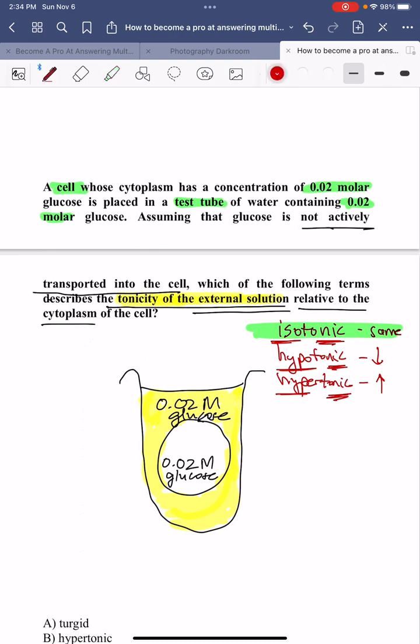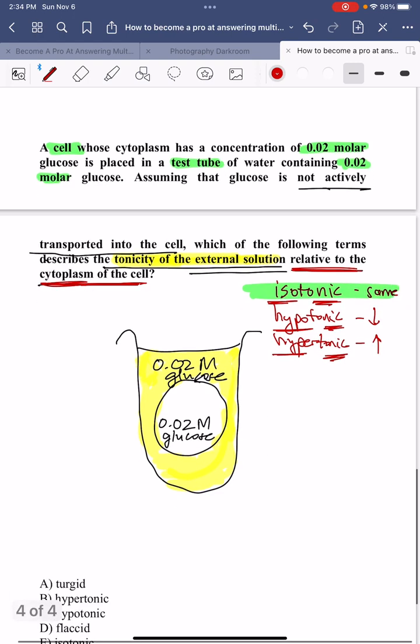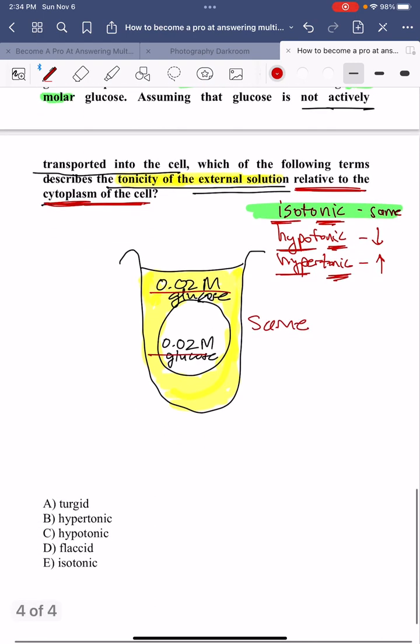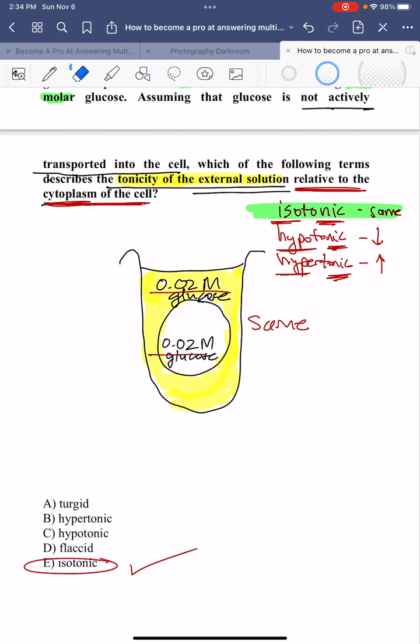And now just make sure of one more thing. They're asking you to focus on relative to the cytoplasm of the cell, right? Did I compare the outside solution to what is in the cell? Yes, I did that when I was looking at these two molar concentrations. They are the same. So for my answer option here, you didn't look at them before, you just circle, it has to be isotonic. It cannot be any of those other options.